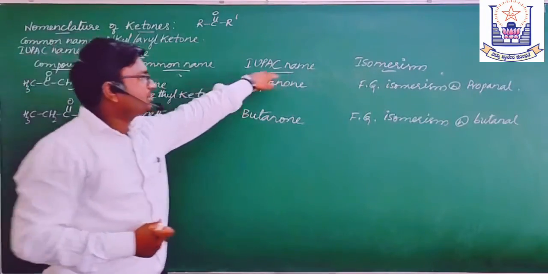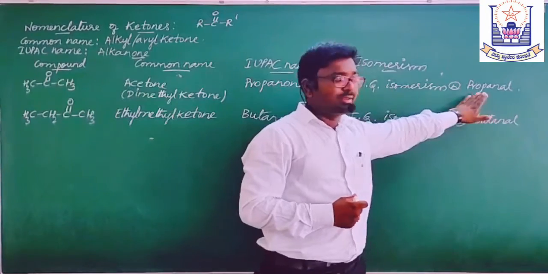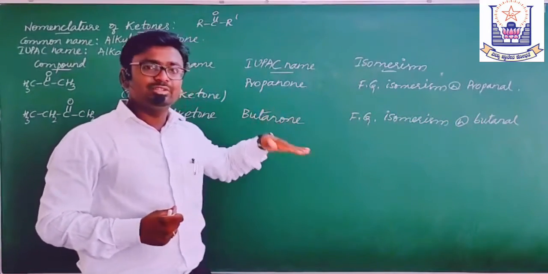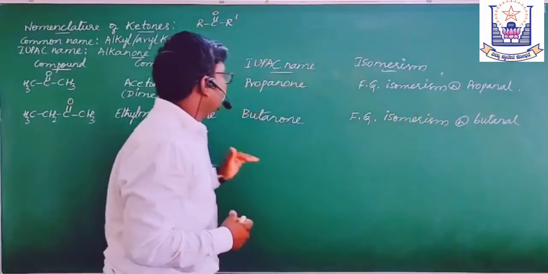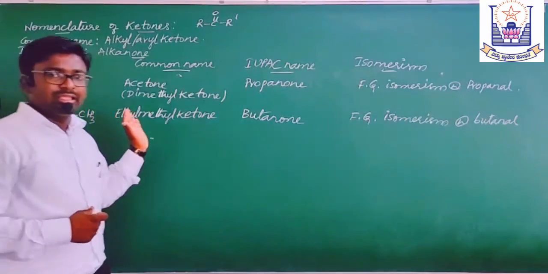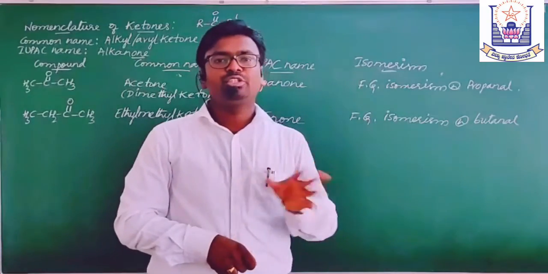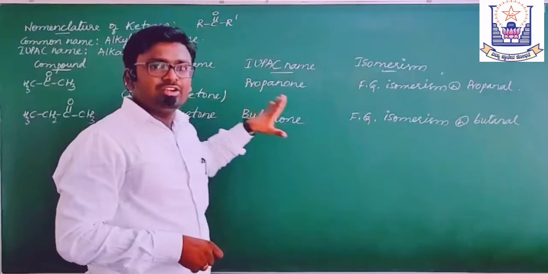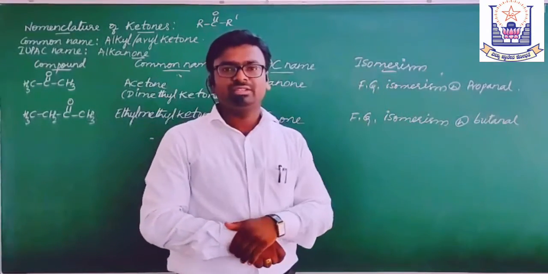Propanone shows functional group isomerism with the corresponding aldehyde, that is propanal. Butanone shows functional group isomerism with the corresponding aldehyde, that is butanal. And acetone and butanone cannot show chain isomerism or position isomerism. The first two compounds cannot show chain isomerism or position isomerism.